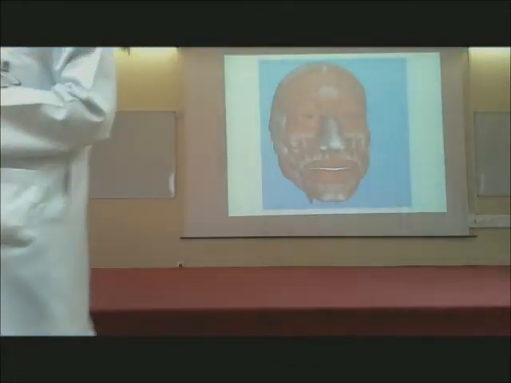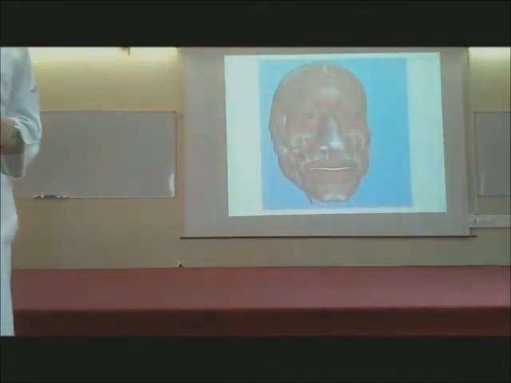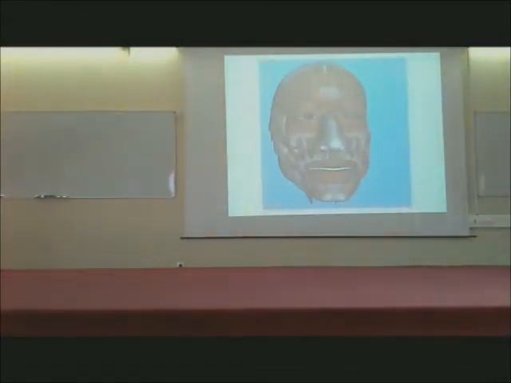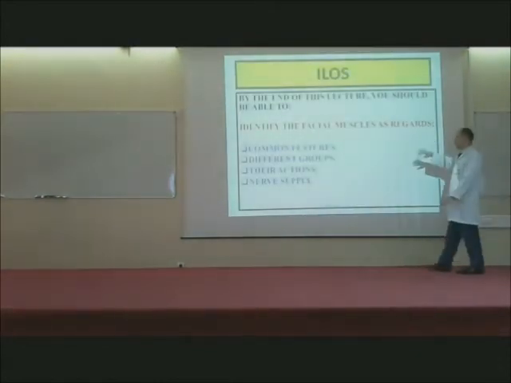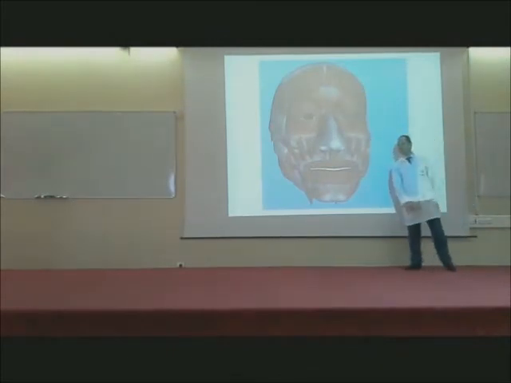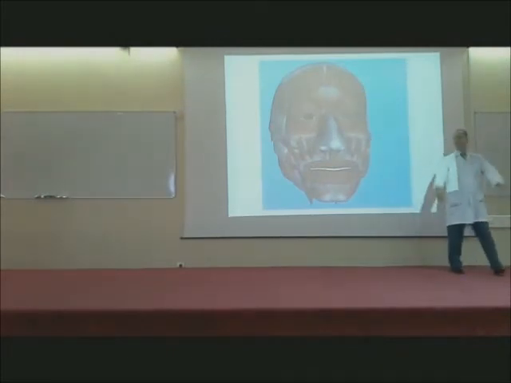Today, inshallah, we'll continue the face, which we started yesterday. The muscles of the face have common criteria. This is a very important slide. What is the common criteria? Number one, all these muscles are located immediately underneath the skin, so they are located at the level of the superficial fascia.